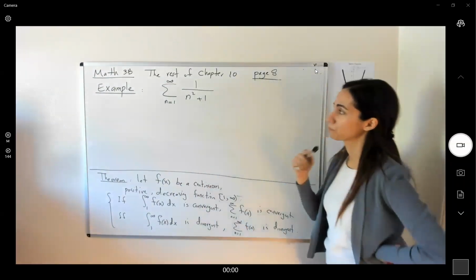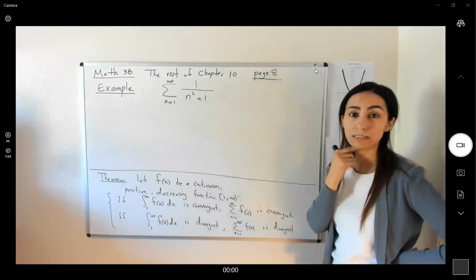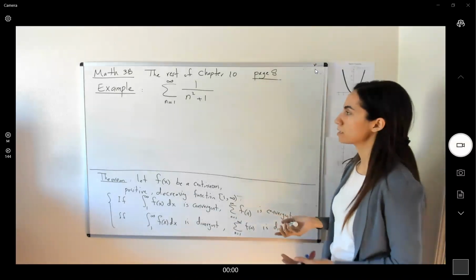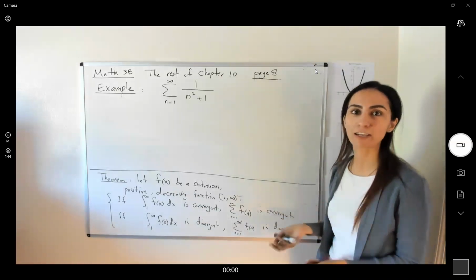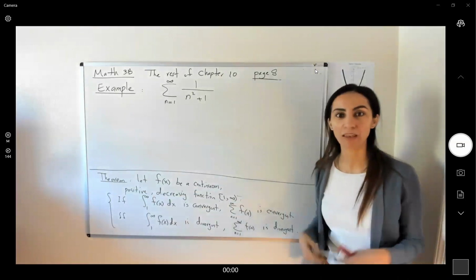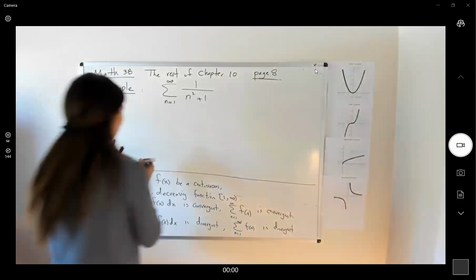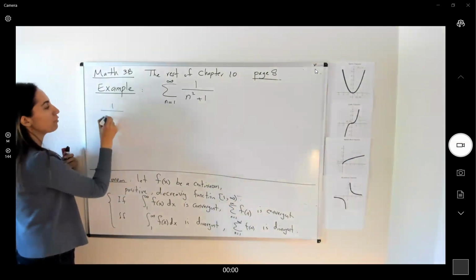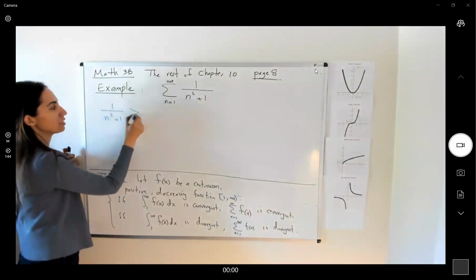Very well. Here I have this series. It's not a geometric series. It's not a telescopic series. What is it? How to analyze this? Well, we learned about this nice theorem. Let us apply this theorem. First of all, 1 over n squared plus 1 is positive.